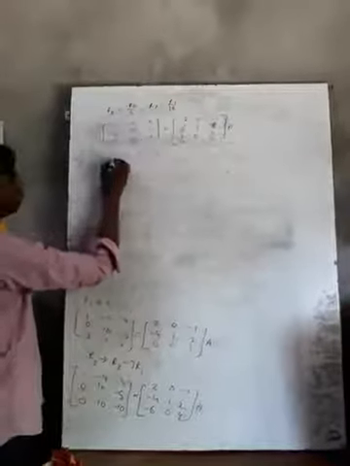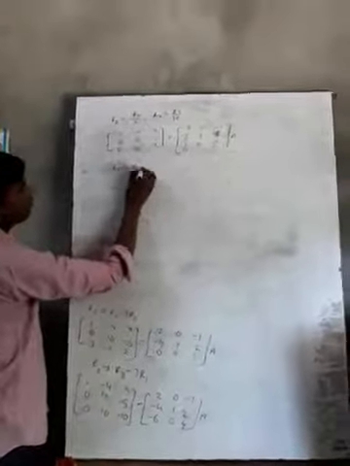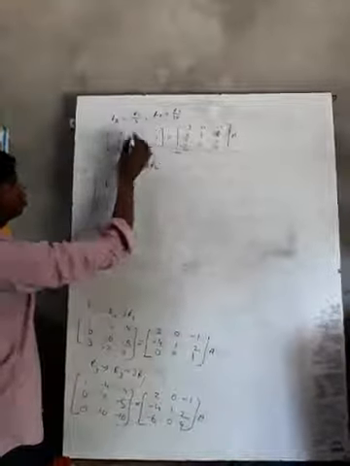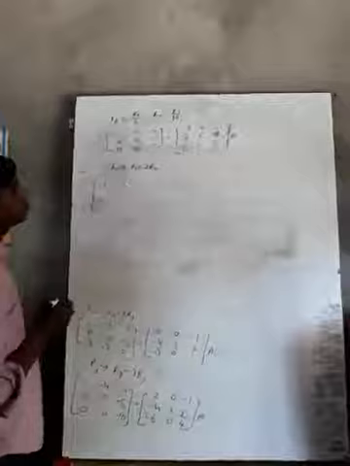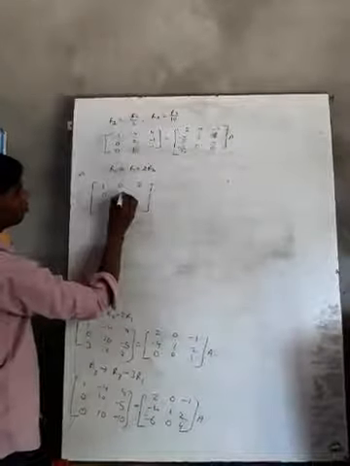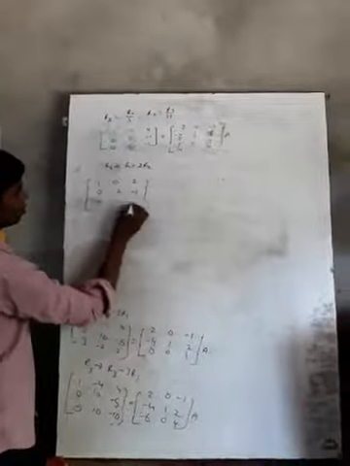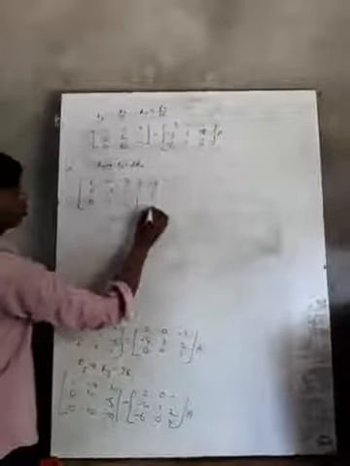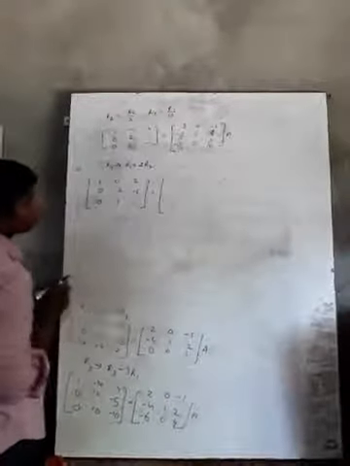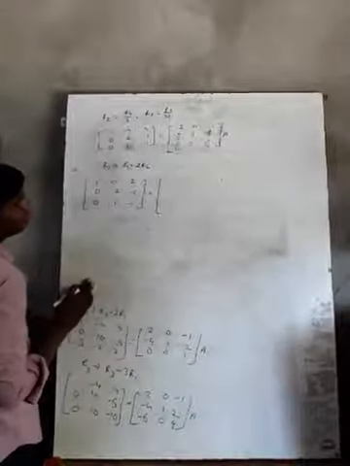To get 0, R1 will change as R1 plus 2R2. 1 0 4 minus 2, 0 2 minus 1, 0 1 minus 1. R1 will change to R1 plus 2R2. So 2 plus 2 minus 8 upon 5.